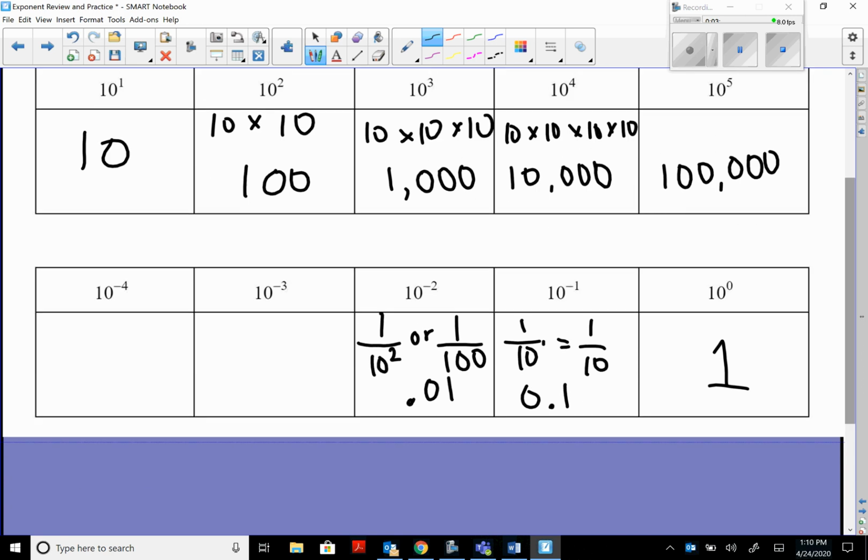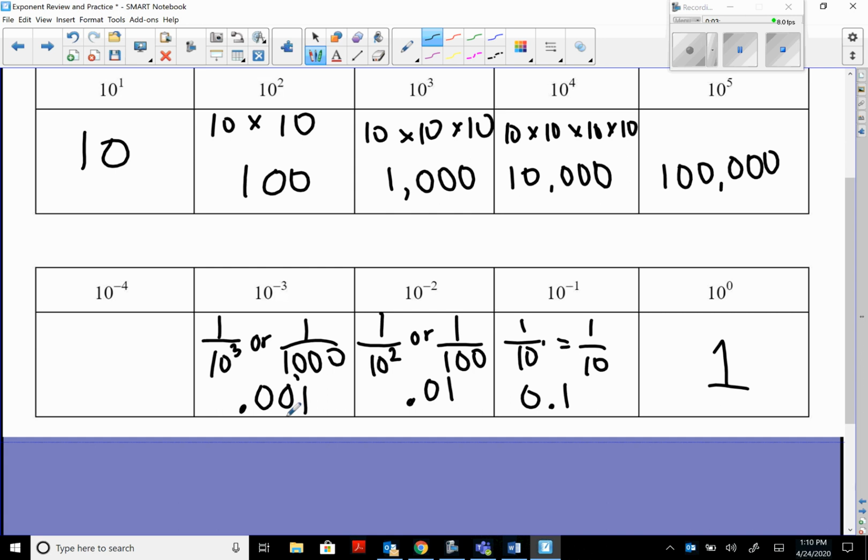10 to the negative third power is 1 over 10 to the positive third power, which is 1 over 1,000. We can write that one as a decimal as well, 0.001.